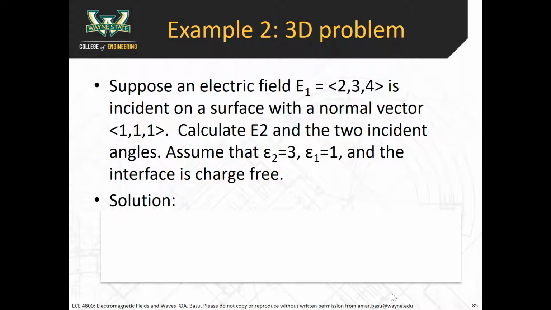So one little point that I want to make here, and you could jot this down, this is something good to remember. If you're going from a medium of lower dielectric constant to higher dielectric constant, the electric field will actually bend towards the normal. So these are the angles of incidences.